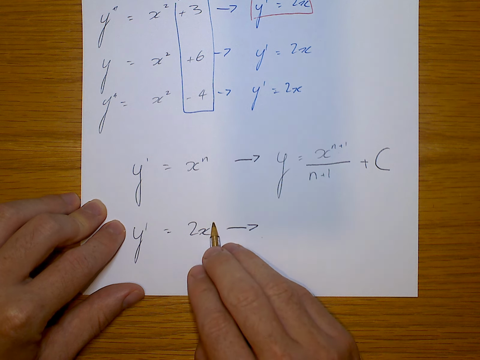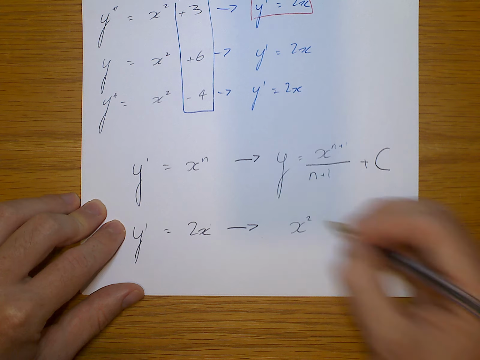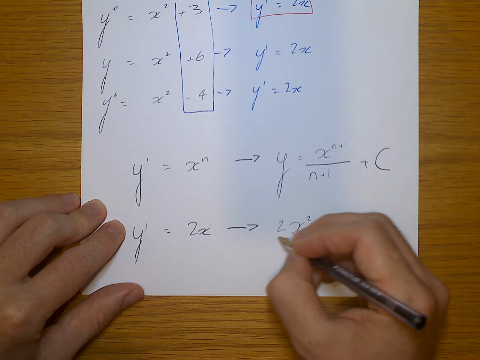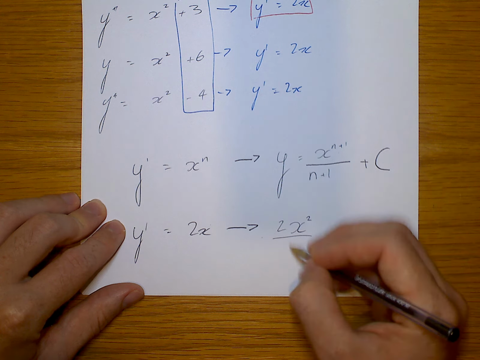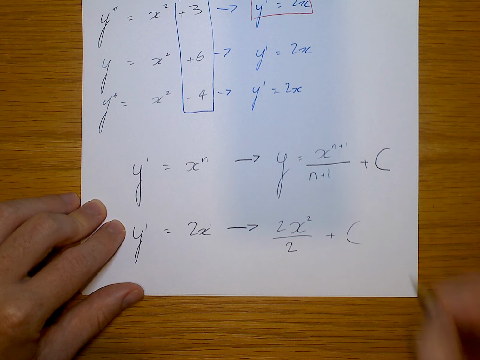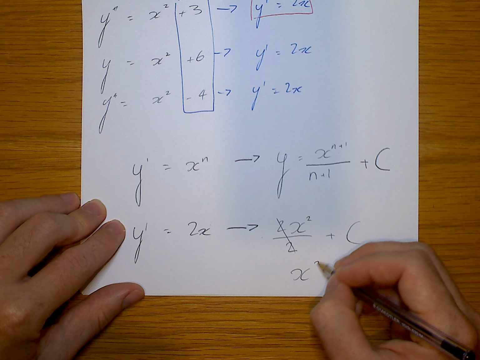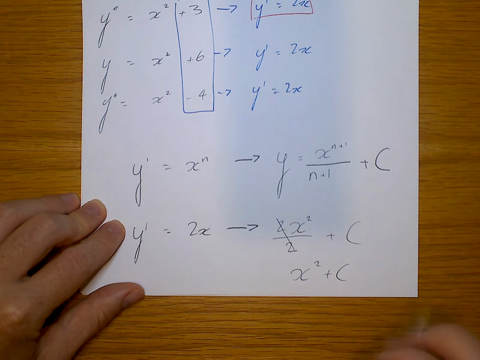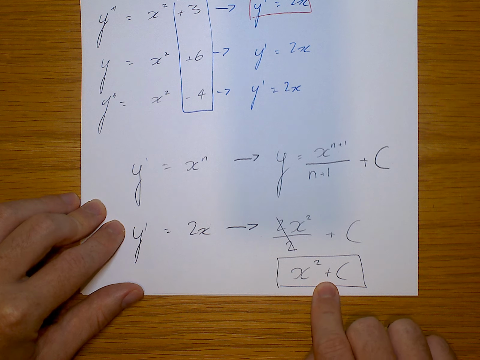I'm going to plus 1 to this, so it'll be x squared, 2, and then I'm going to divide it by n plus 1, plus c. Now 2 divided by 2 is just going to be x squared plus c. So here we go. We have x squared plus c.